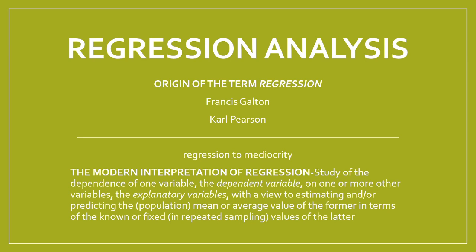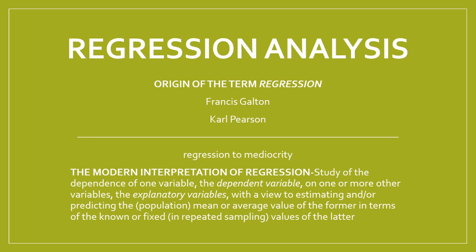The modern interpretation of regression analysis is somewhat different from the concept given by Galton and Carl Pearson. In the modern interpretation, we study the relationship between the dependent variable and one or more independent or explanatory variables, and our purpose is to estimate or predict the mean or average value of the dependent variable.